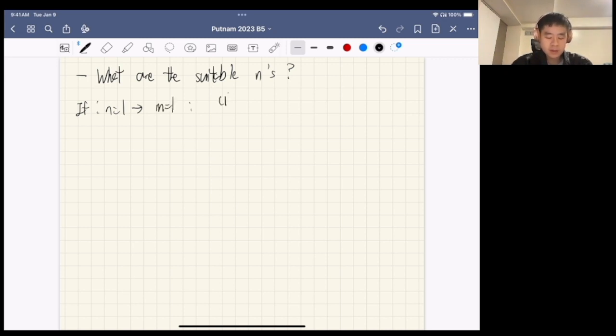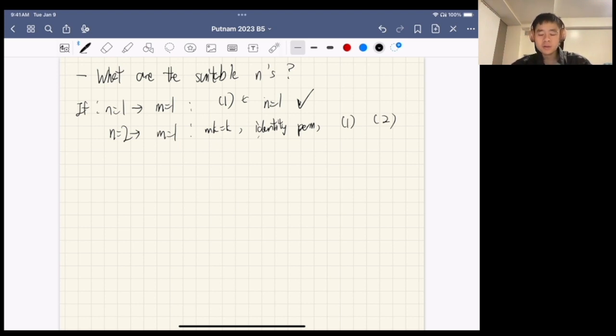So this is the only permutation, and therefore n equals 1 works. For n equals 2, we only have m equals 1 anyway. So m equals 1, we know that mk equals k, so this is the identity permutation. So you see that all the cycles have length 1, and the number of even length cycles is 0. So this also works.